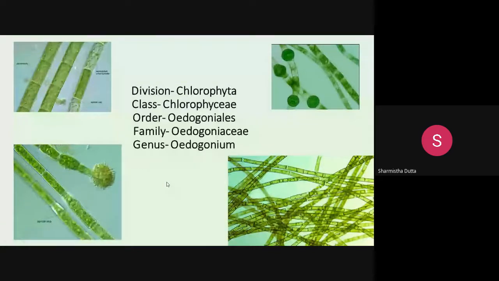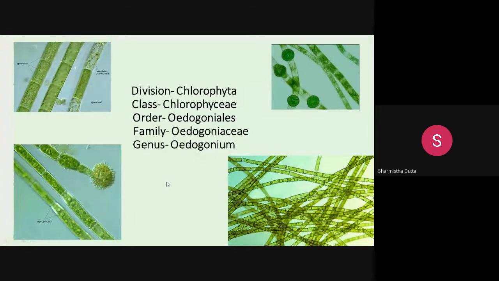Filament means thread-like structures, thin, elongated thread-like structures. It is a multicellular alga. Multicellular means made up of numerous cells, many cells. The cells are rectangular in shape, and they are arranged one above the other.